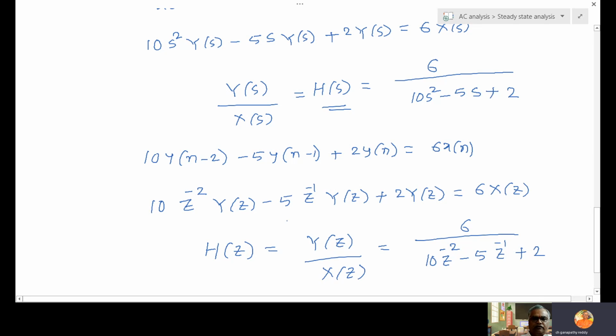If you compare h of s and h of z, here 10 s square. So z power minus 2 becoming s square, z power minus 1 s, 2 as it is. So using this simple mapping, h of z also converted into h of s. Using the simple technique, you can convert h of z into h of s.